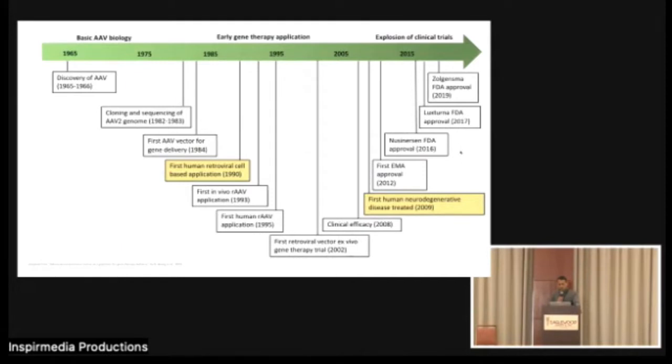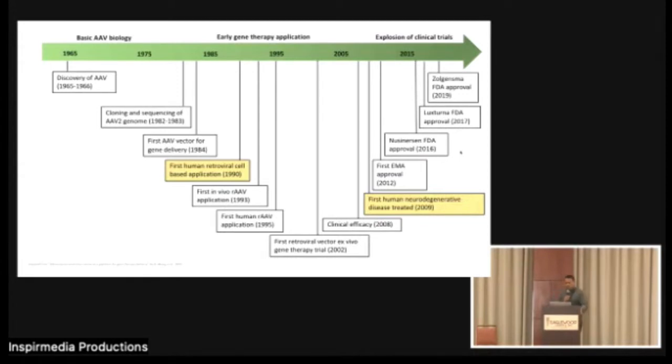But importantly, over the past few years, there's been a huge surge in efforts around AAV-based gene therapy and FDA drug approvals around AAV gene therapy for eye disease, as well as for spinal muscular atrophy, another disease of the spinal cord.